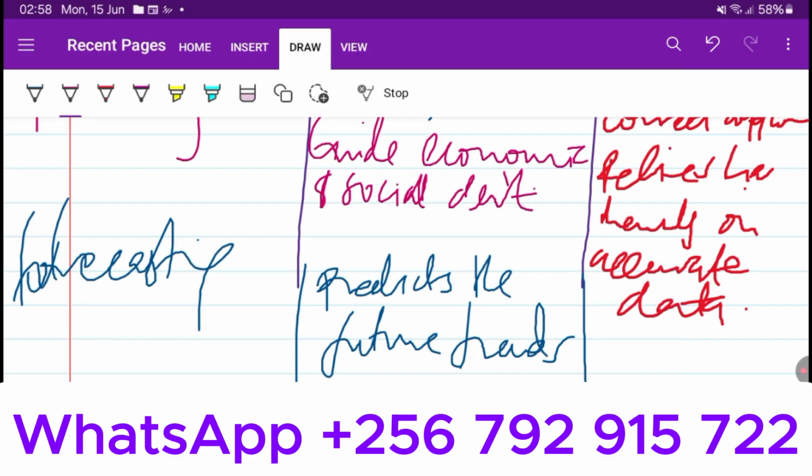Under the limitations, of course, you can predict the future trends, but the problem is that the predictions may fail under uncertain conditions.